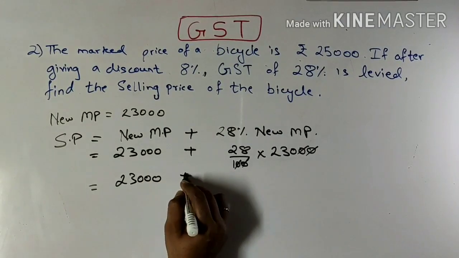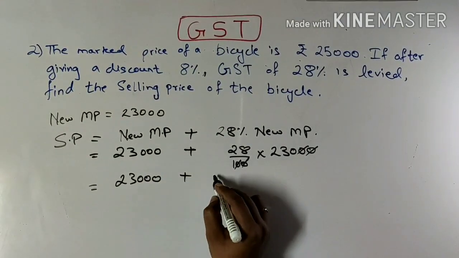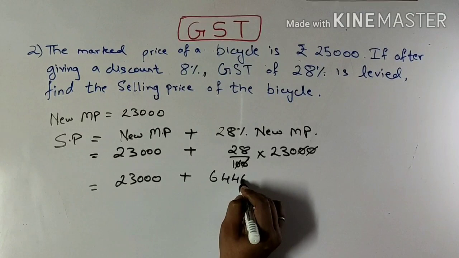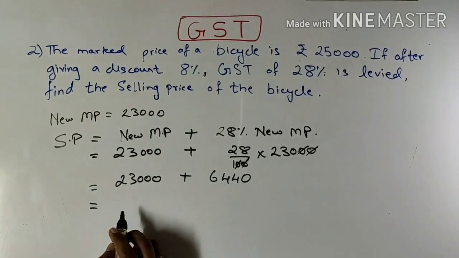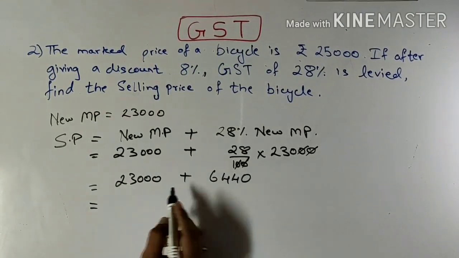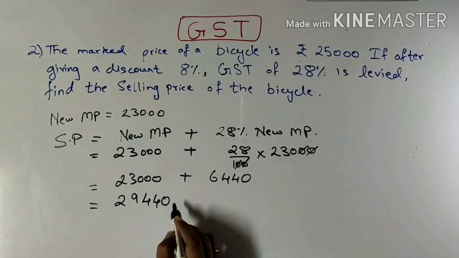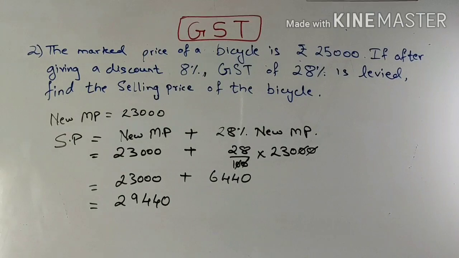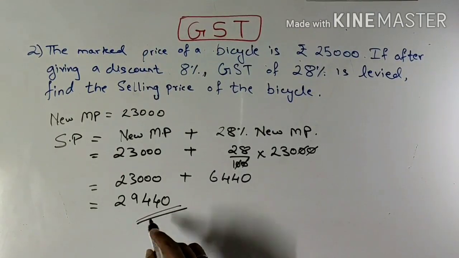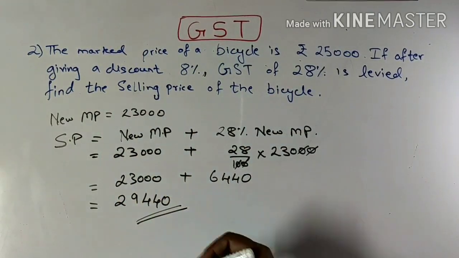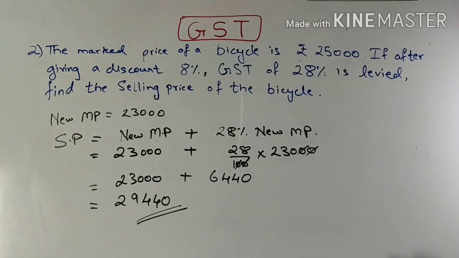2300 plus 6,440, which gives me 29,440. So the final selling price of the bicycle will be 29,440.